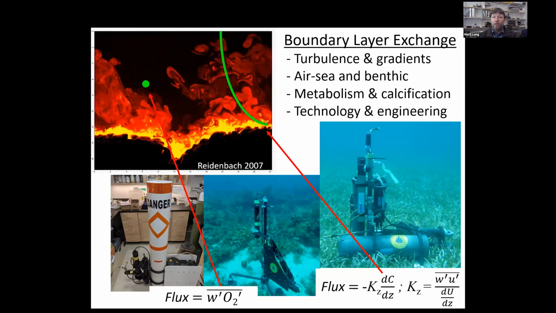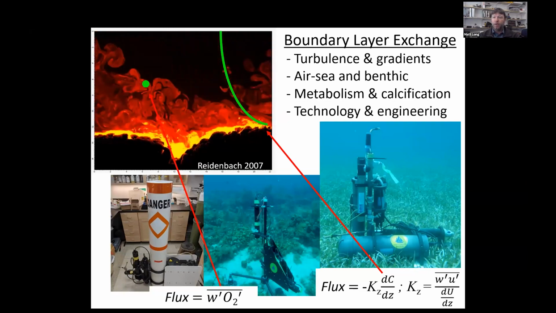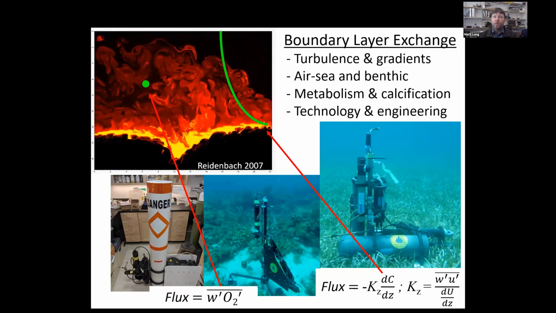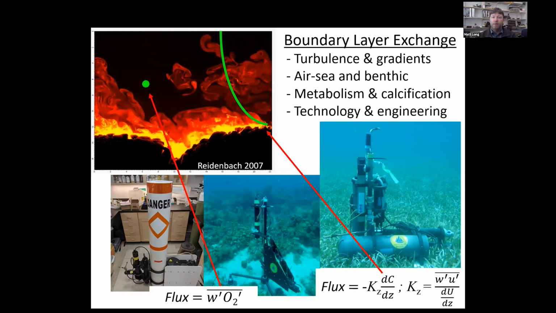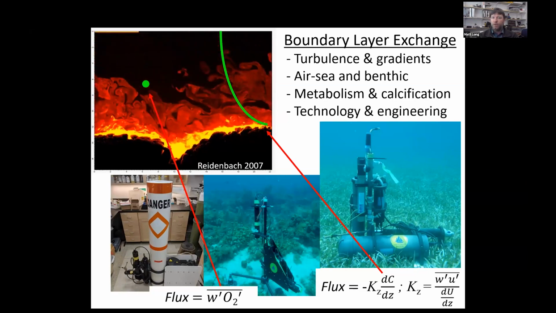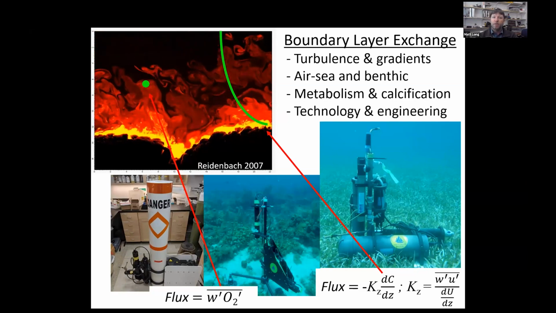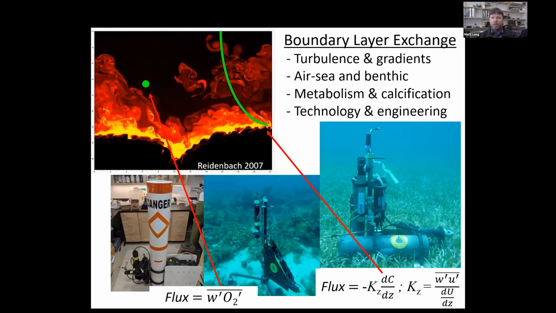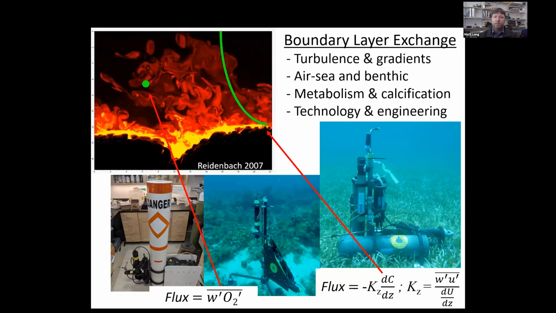There are also other physical processes occurring here. We typically have a logarithmic flow layer above the bottom. You can use other techniques by measuring the eddy diffusivity as well as those concentration gradients to calculate fluxes with these fluid mechanics methods. So we measure turbulence, sometimes we measure gradients.